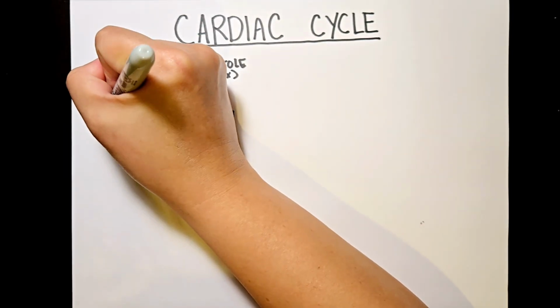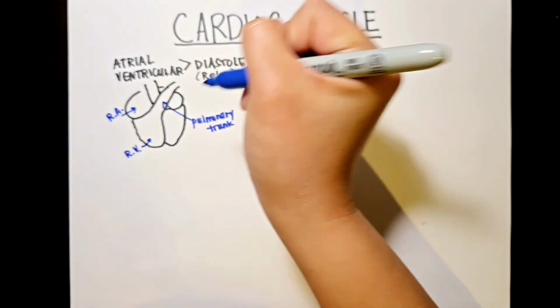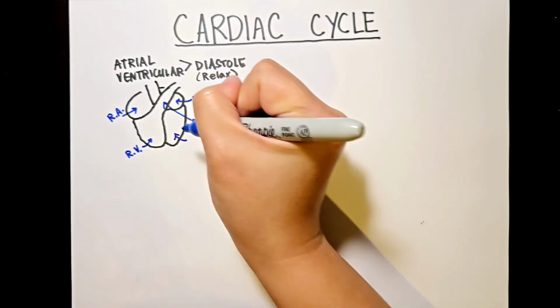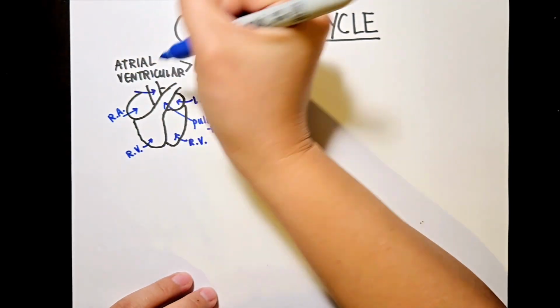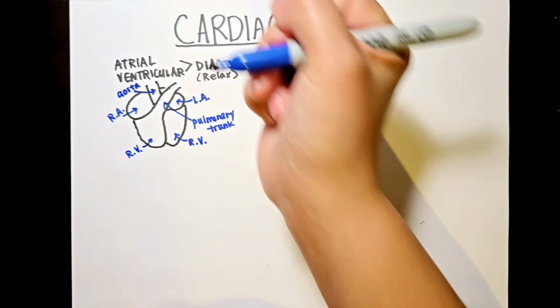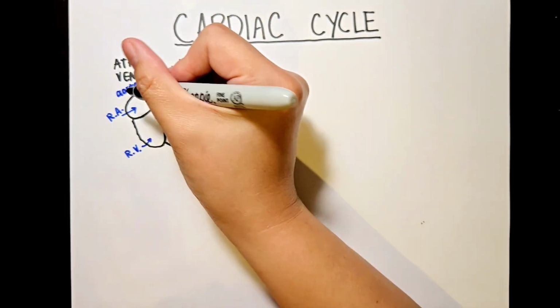This is the right atrium. This is the right ventricle. This is the left atrium. This is the left ventricle. And lastly, this being the aorta. And we will just need to know these particular parts for this first section.